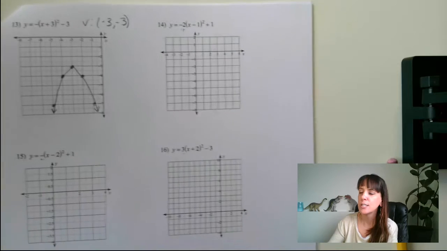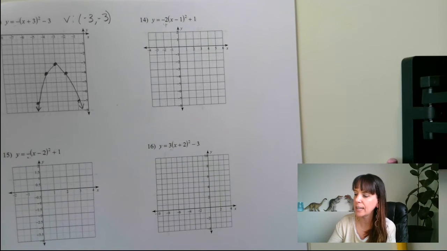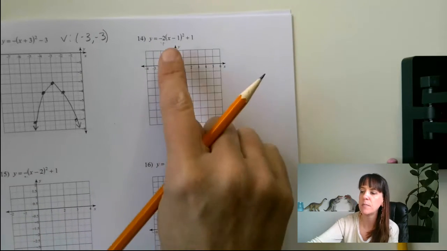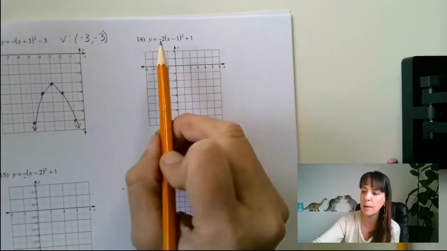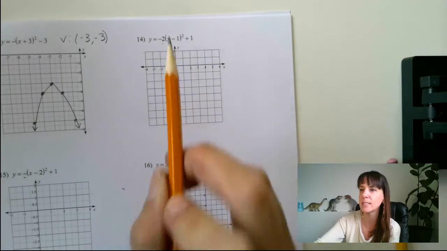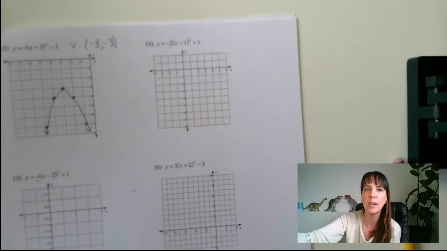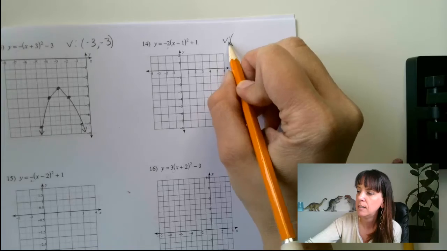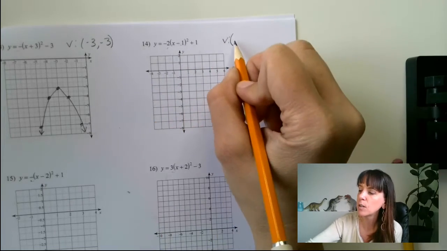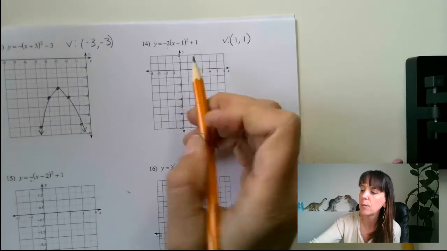All right, so let's talk about what it looks like when, now this negative tells us it's going to open down, right? But let's talk about when we have an A here that is not a 1. This time we have a 2. So our vertex here is going to be opposite this, regular this. So +1, 1. We know it's going to open down.